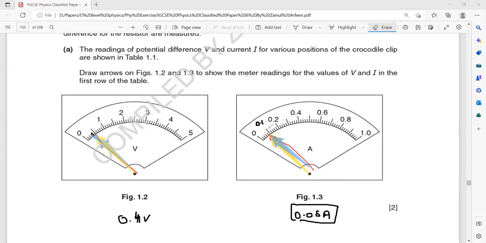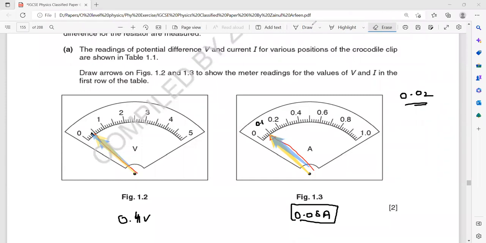The 5 lines from 0 are representing 0.1, so each line is representing 0.02. So this is 0.02, 0.04, 0.06, 0.08. Yes, 0.02 per line, that's why it is 4 lines after zero.